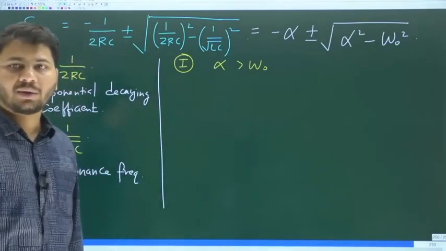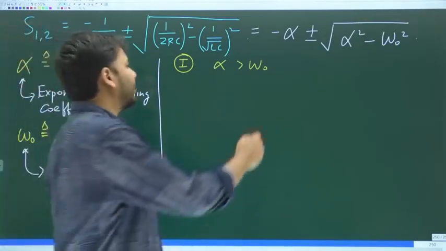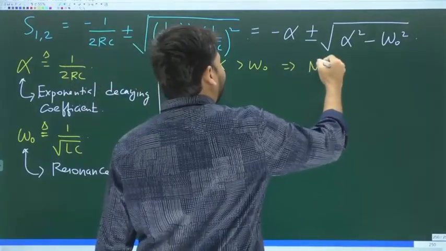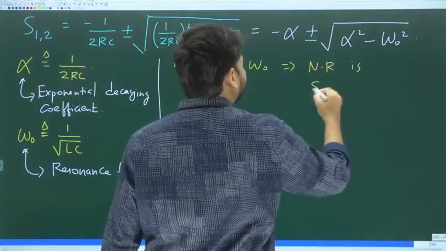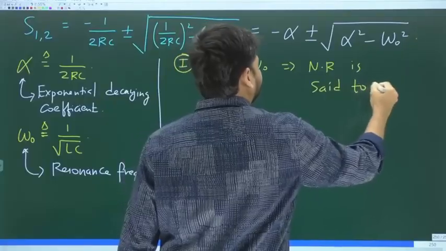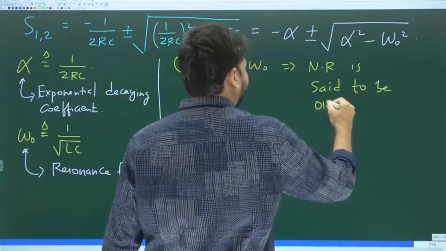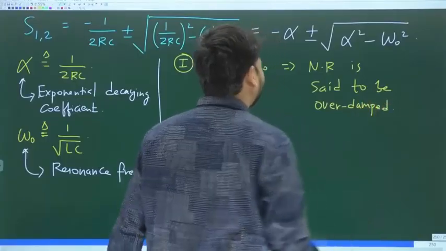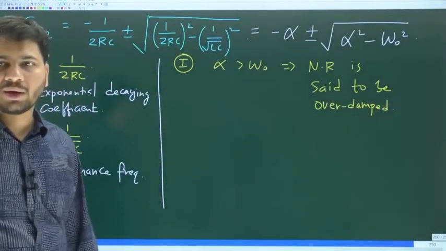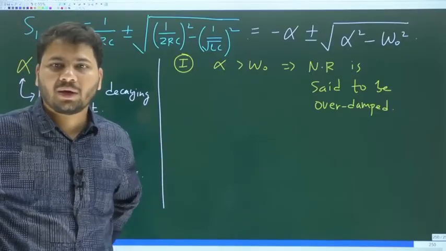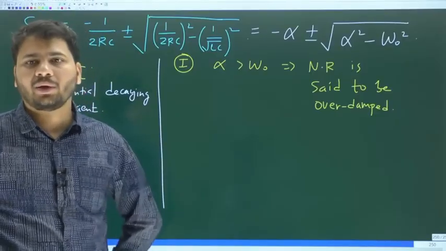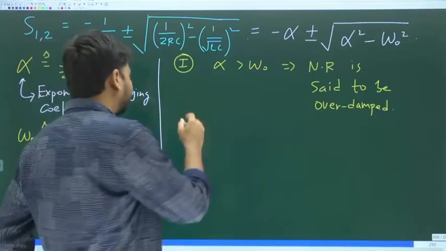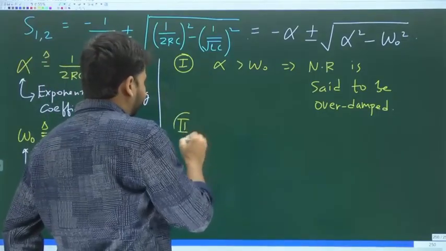If alpha is greater than omega naught, then the natural response, or the transient response, is said to be over damped.